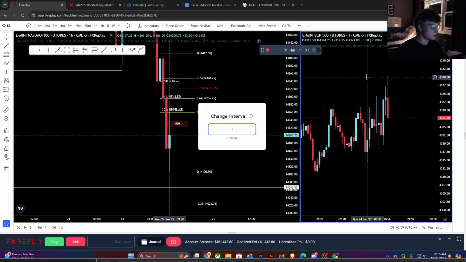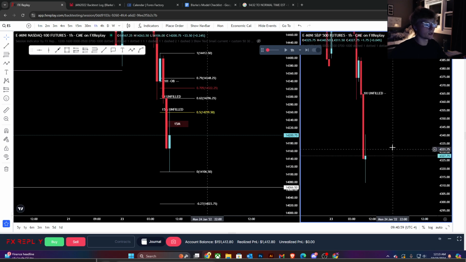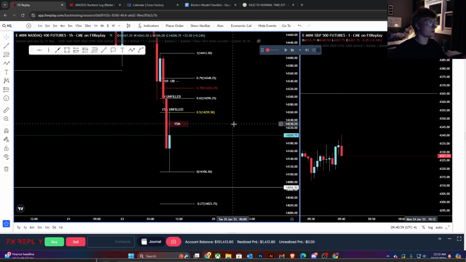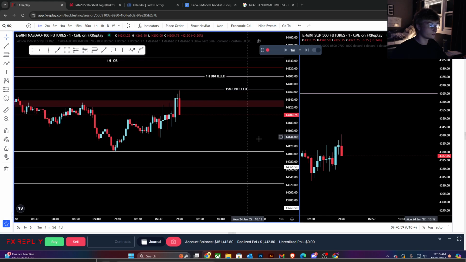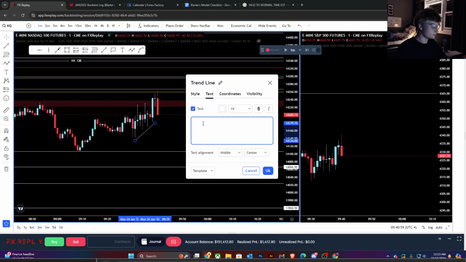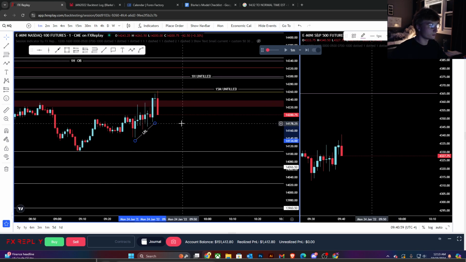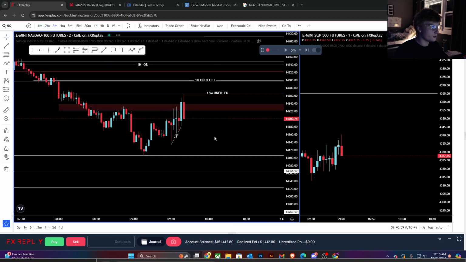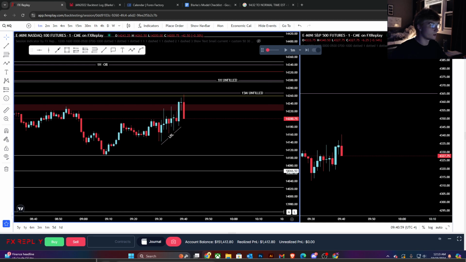I wonder if this is a fair value gap SMT or not. It is not. We have this LR below. Tap into premium. 1-minute inversion.